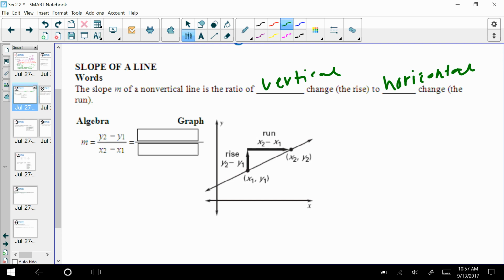In algebra, we said m equals y2 minus y1 over x2 minus x1, or we said rise over run. So in the graph to the right, here's this line, and in order to find the slope of the line, or the rate of change, we look at 2 points on the line, and we can do our algebra y2 minus y1 over x2 minus x1, or we can count the number of units we go up and the number of units we go across.